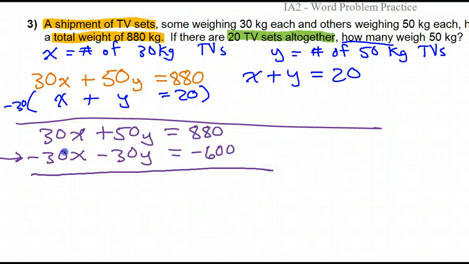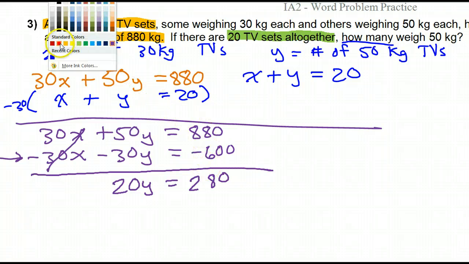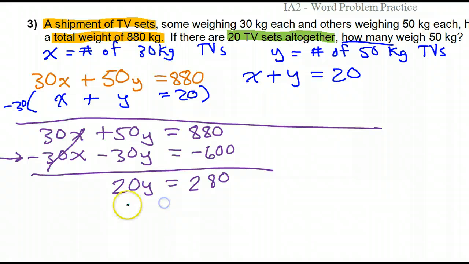So if you go ahead and solve this, those are going to cancel out. 50 minus 30 is 20y, and that's going to equal 280. And then, of course, I would go ahead and just divide both sides by 20.